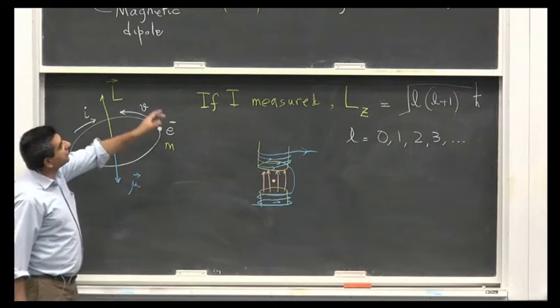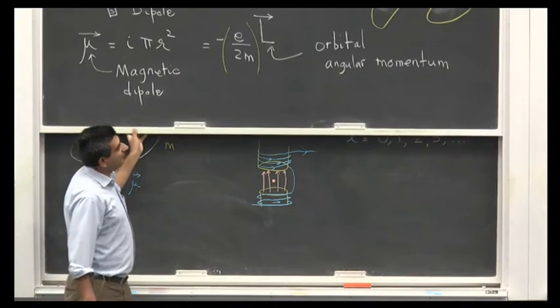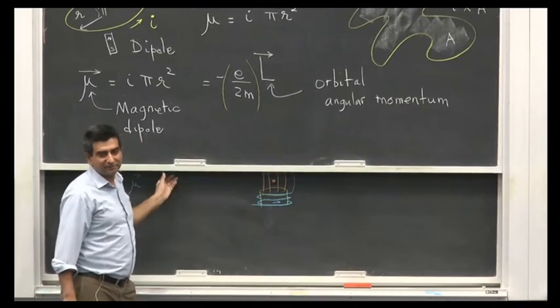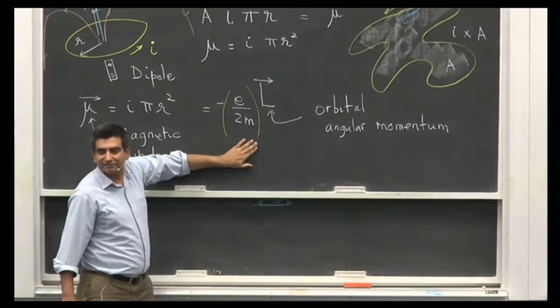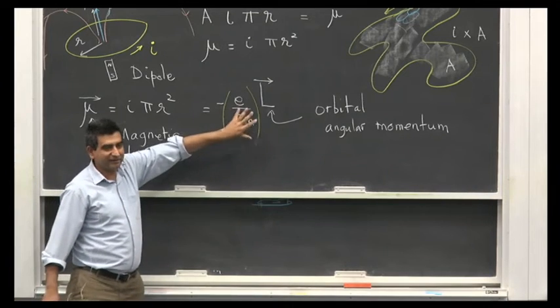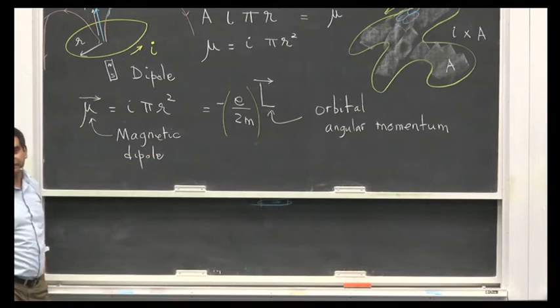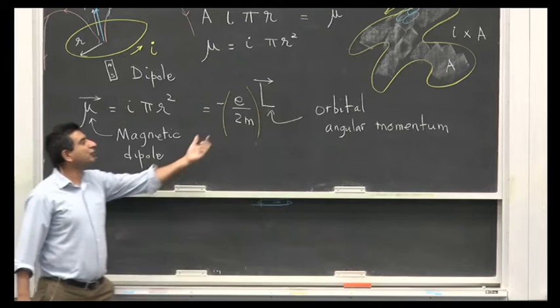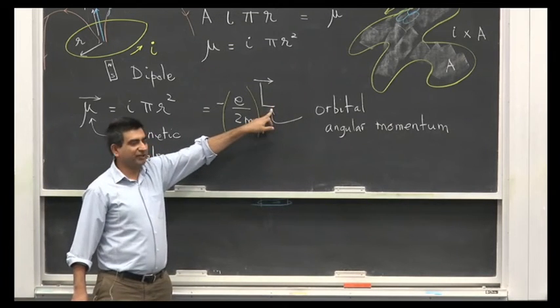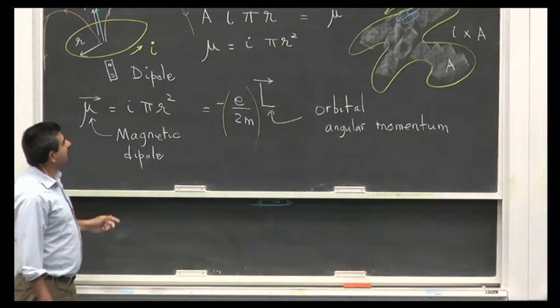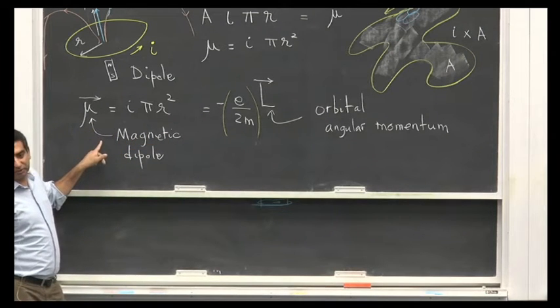Now, if I measure the z component of the orbital angular momentum, this is a vector equation. A vector here and a vector here. If I measure one component of L, if I measure the z component, then I can also write down the z component of mu.